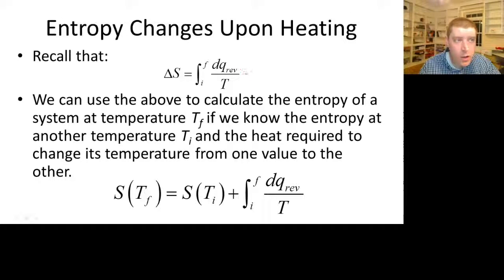And we can use this equation to calculate the entropy of a system at some final temperature Tf if we know the entropy at another temperature Ti, and we know the heat required to change its temperature from one value to the next. And so we have here this equation. So we have the entropy at some final temperature is equal to the entropy at the initial temperature plus this change in entropy.